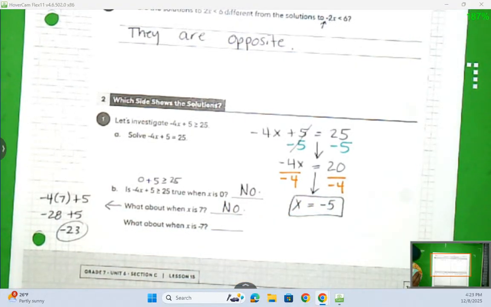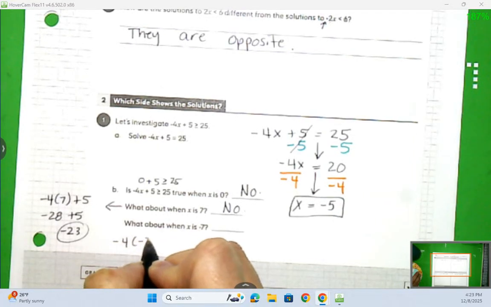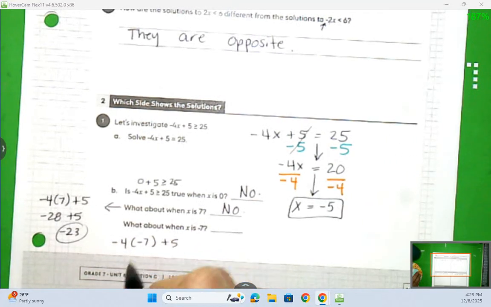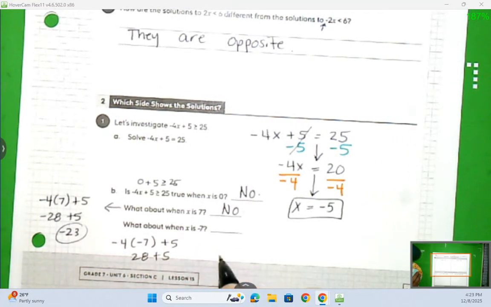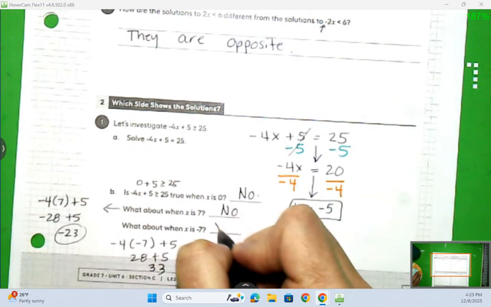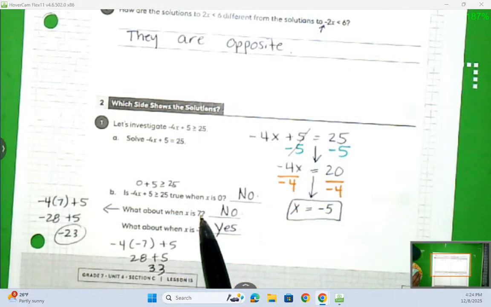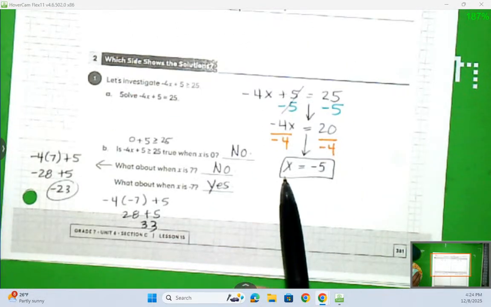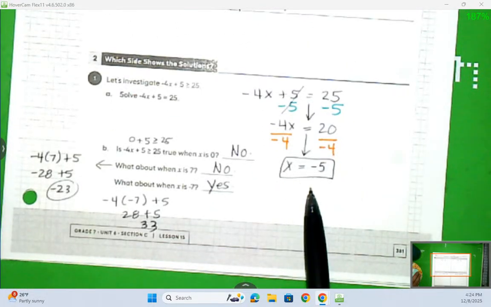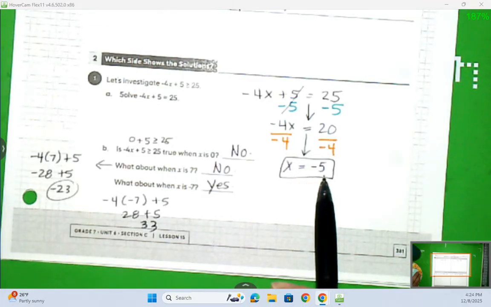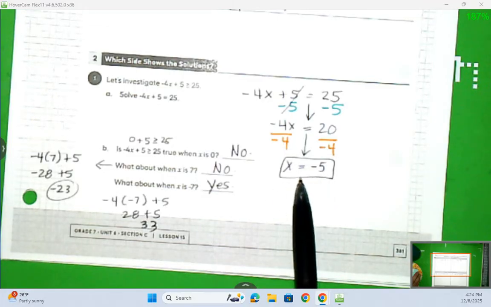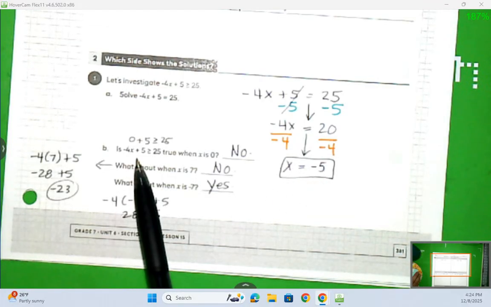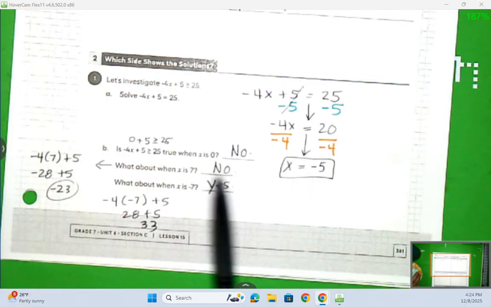What about negative 7? Well, negative 4 times negative 7 plus 5 would be positive 28 plus 5, which gives us 33, so yes. Sometimes just testing positive and negative numbers will let you know if you need x to be greater than or equal to negative 5 or less than or equal to negative 5.